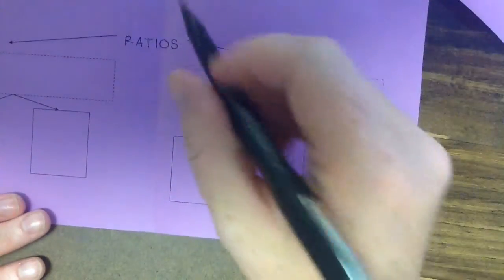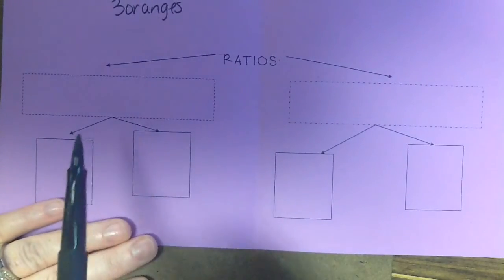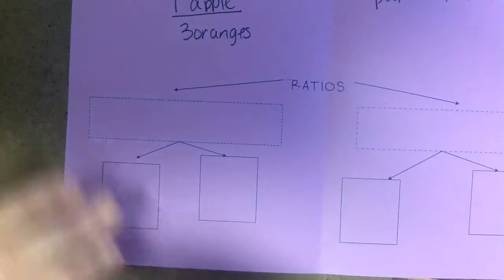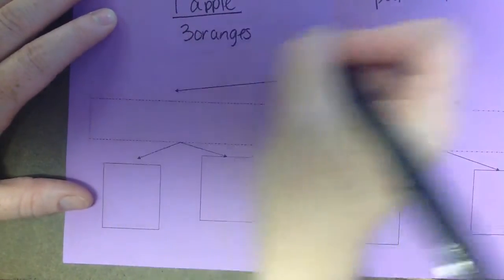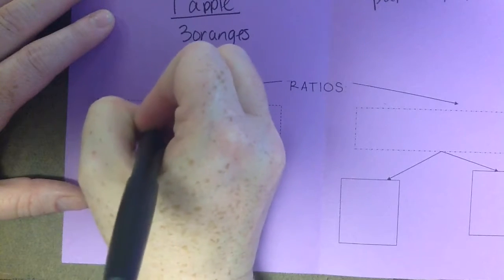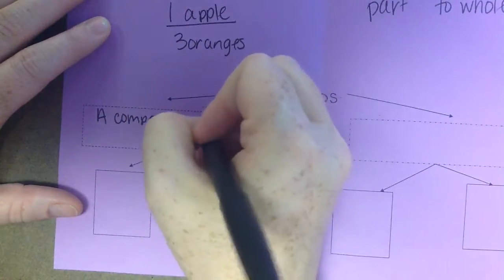If you move down here, it breaks it into two categories, so it slides this ratio down into two categories. It can't all fit on the screen, but we're going to start with the left-hand side. And the left-hand side is a comparison. The ratio breaks into a comparison of the same measures.